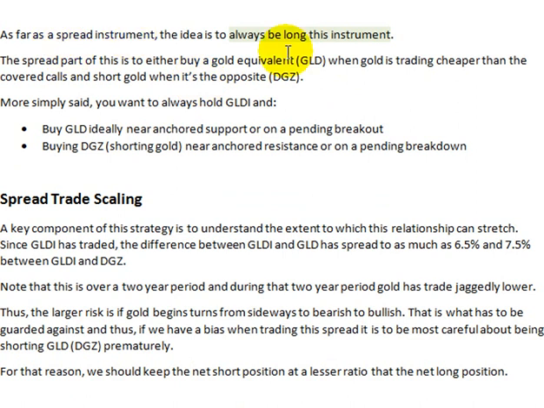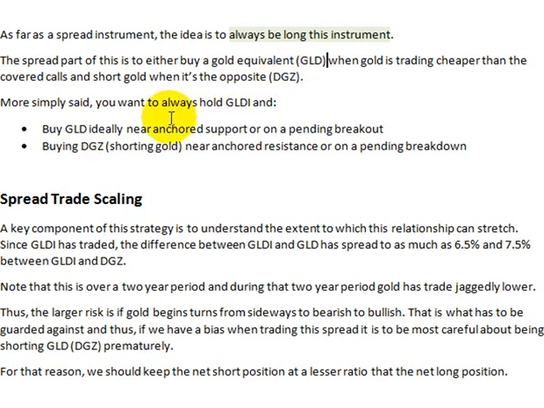As far as the spread instrument, you always want to be long GLDI. So you're going to go long GLDI and you're not going to sell it. You're just going to sit in it. If anything, you're going to increase it over time. The spread part of this is either to buy the gold equivalent GLD when gold is trading cheaper than GLDI, or you sell gold, which is shorting it, using DGZ when it's the opposite.